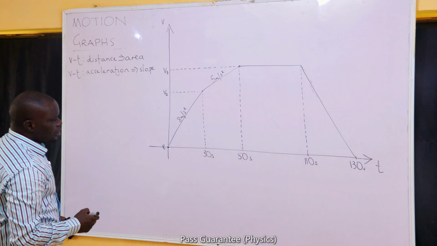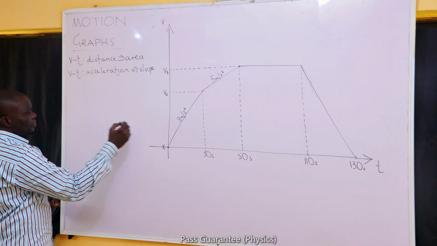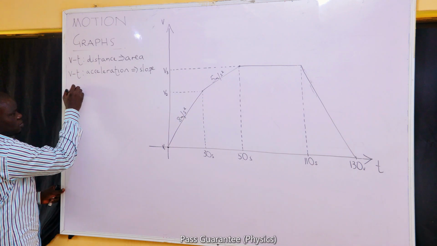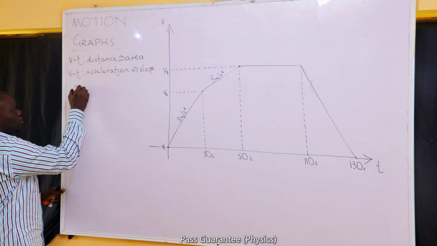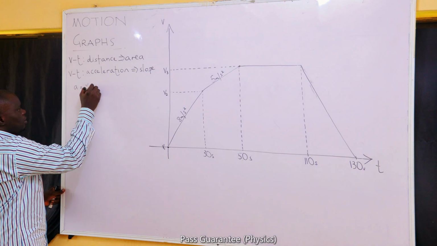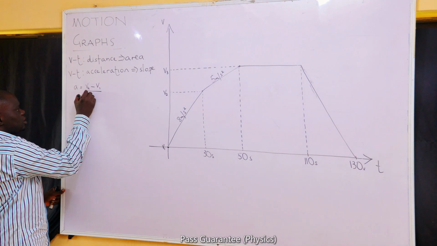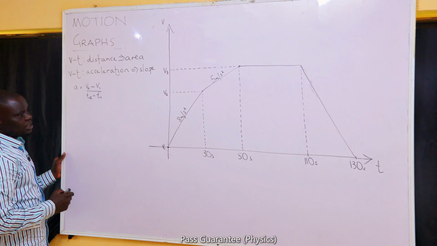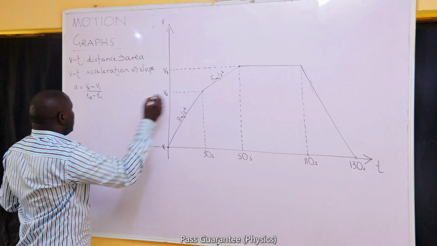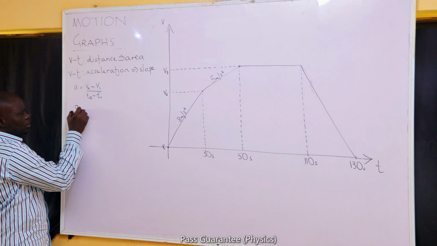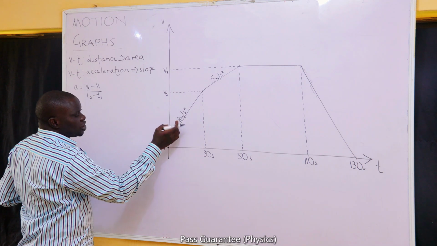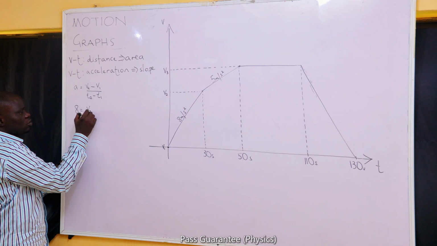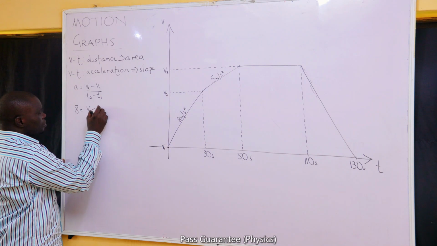To do that, I'll write the formula for the slope of this line. The slope, which is the acceleration, must be V2 minus V1 all over T2 minus T1. My acceleration is 8, given as a slope already. My V2, I don't know. My V1 is 0.